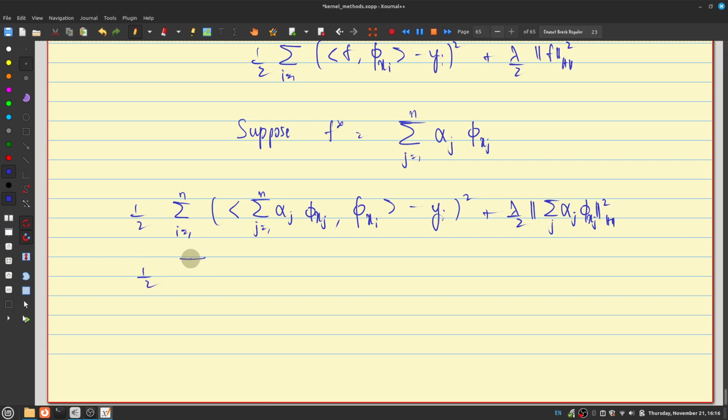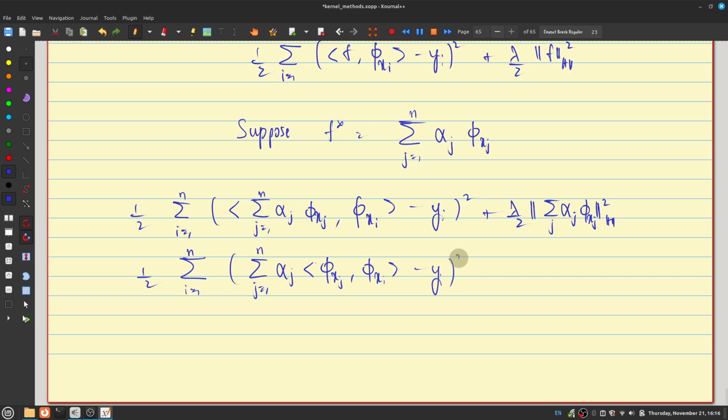Just by using the linearity property of the inner product, this is half summation i equal to 1 to n of summation j equal to 1 to n alpha j inner product between phi xj and phi xi, minus yi, the whole square, plus lambda by 2.